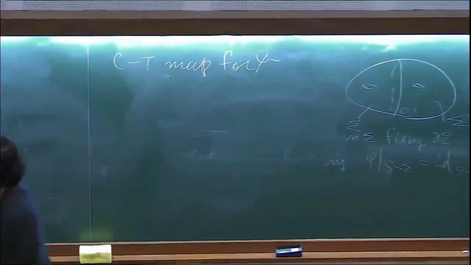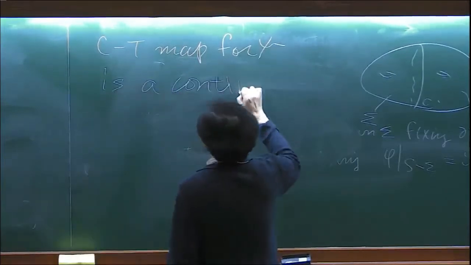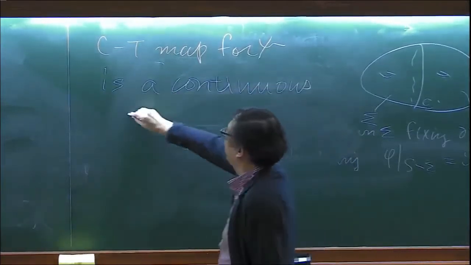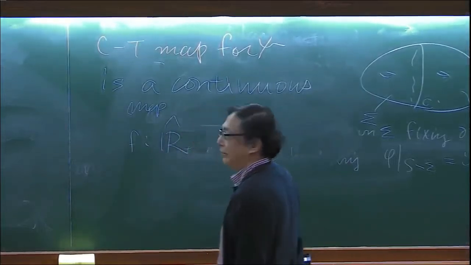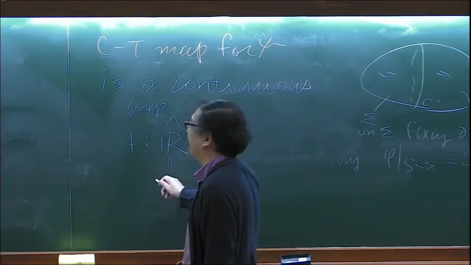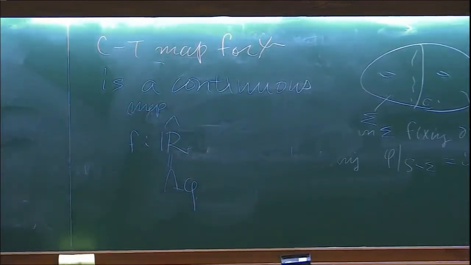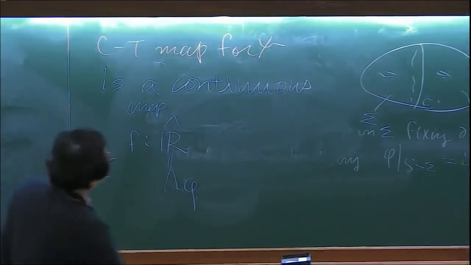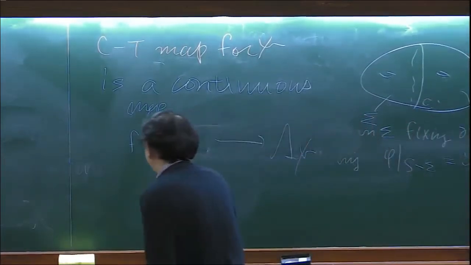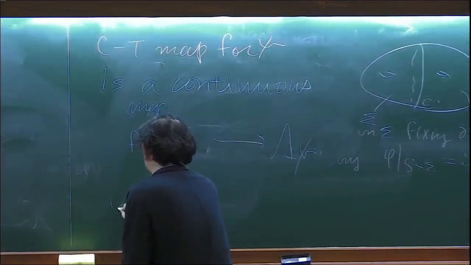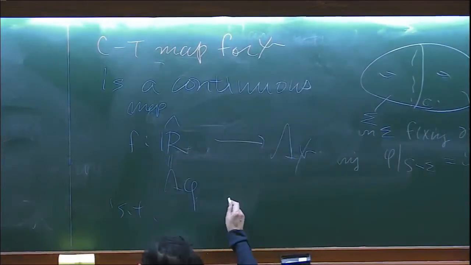Then the Cannon-Thurston map for this psi, the second one, is a continuous map from R, the one-point compactification of R, which is identified with the limit set of phi, because phi was Fuchsian, to the limit set of psi, with the condition of equivariance.